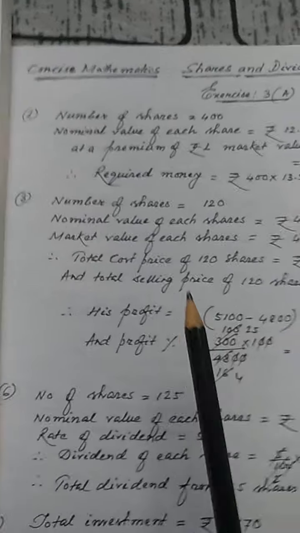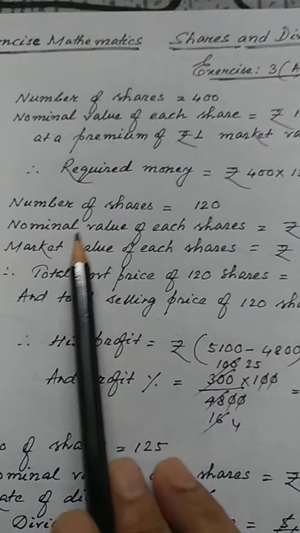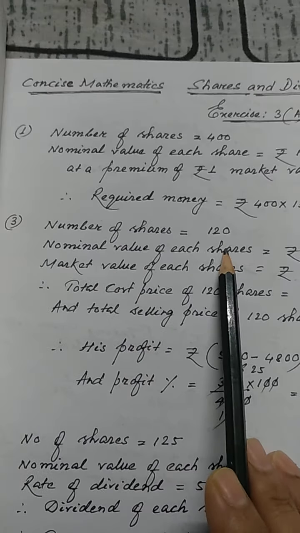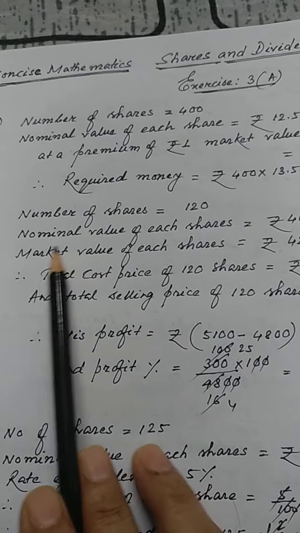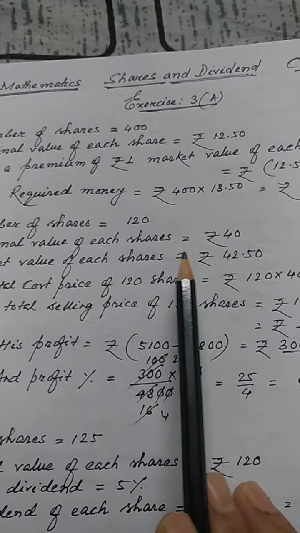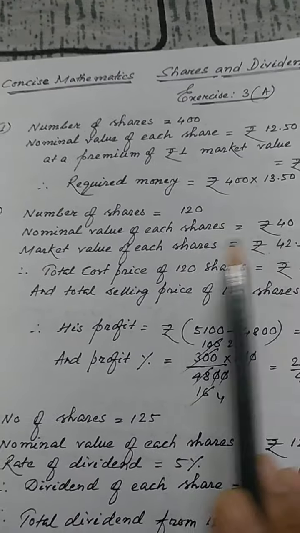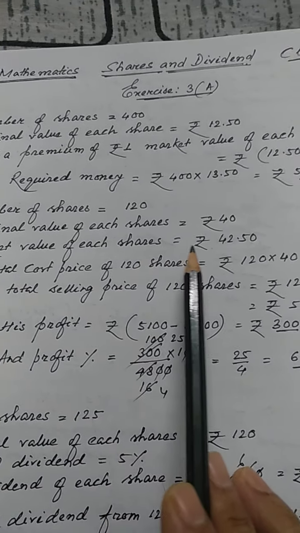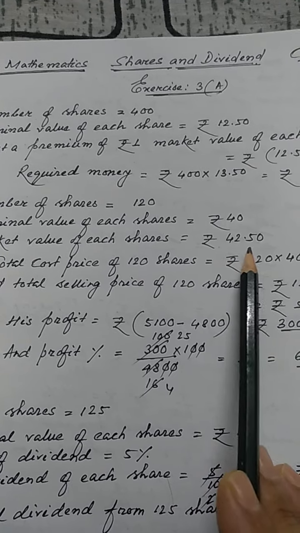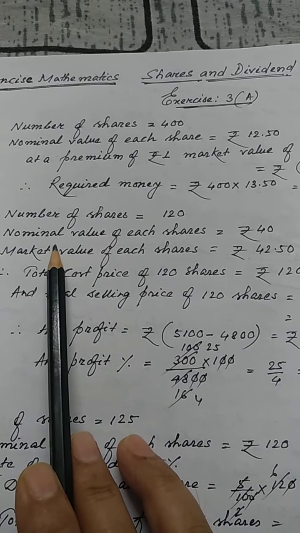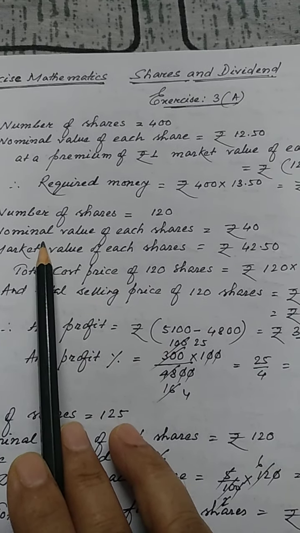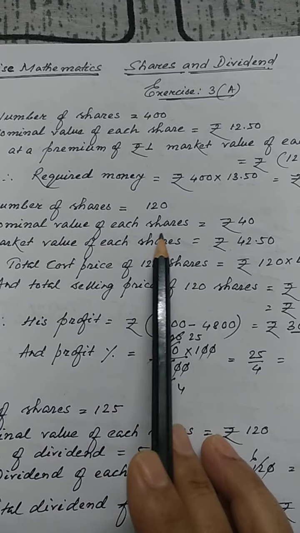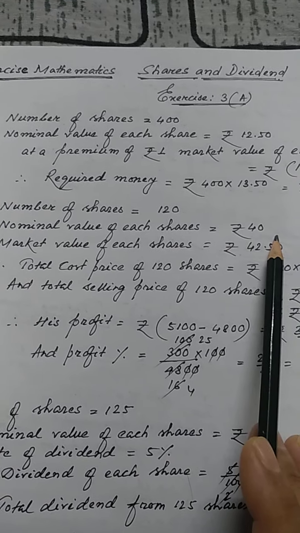Now see here, number of shares 120, nominal value of each share rupees 40, market value of each share rupees 42.50. Here nominal value means the price at which he buys each share, that is rupees 40.